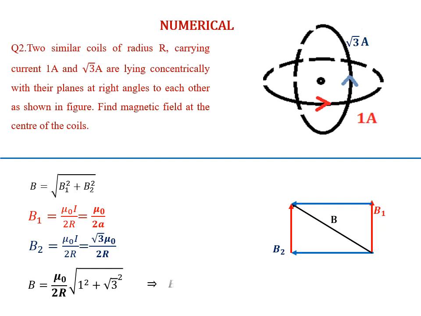This could be simplified to 2 mu naught upon 2r, or it can be written as B is equal to mu naught upon r. So we need to find the resultant of the two fields produced by the two coils using the law of parallelogram of vectors. Magnetic field is a vector quantity. So we have found out the resultant.